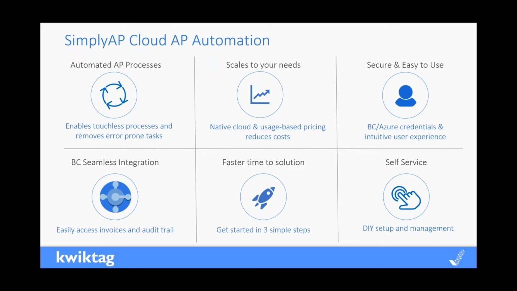So I'm going to take you a little bit through SimplyAP and some of the benefits that it'll offer. Today, as we look at SimplyAP, and as Mary highlighted, we want to look at all those capabilities in an AP automation solution that really allow you to be more efficient. And today we're really excited about SimplyAP because it's born in the cloud.